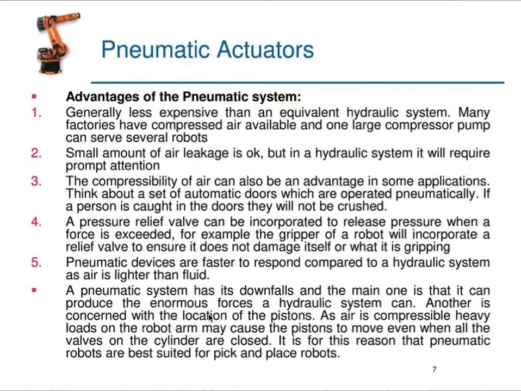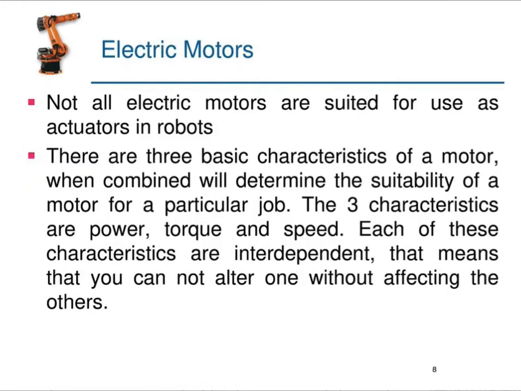And this is about the advantages of the pneumatic system, and now we'll see the last one, which is electric. Not all electric motors are suited for use as actuators in robots. That is true.